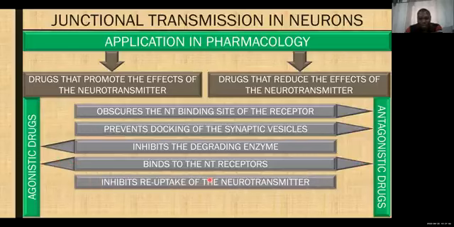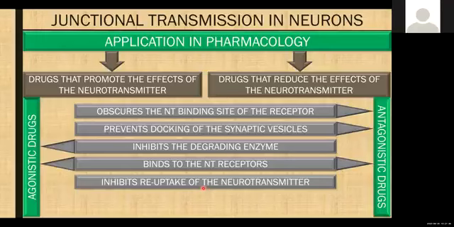Two more examples. If you have a drug that inhibits the reuptake of the neurotransmitter, what will that drug do? Yes, Devix.